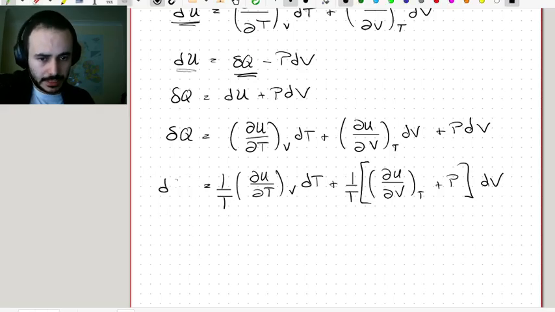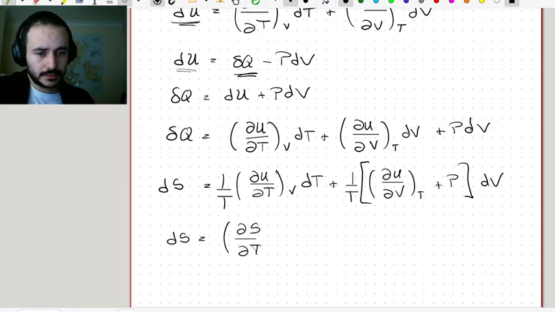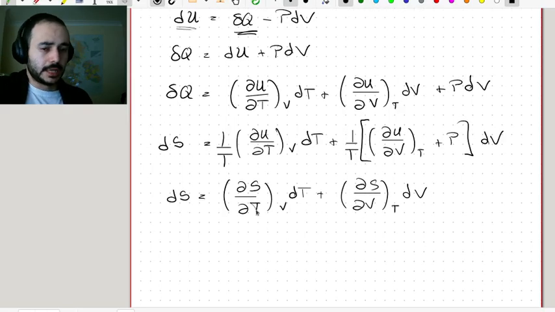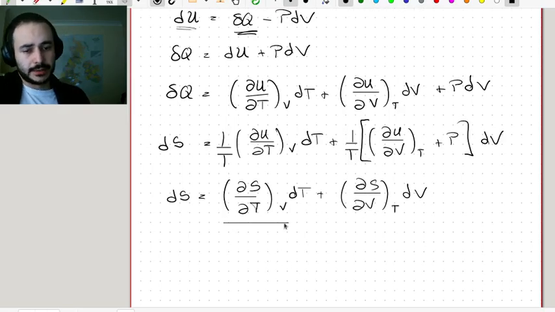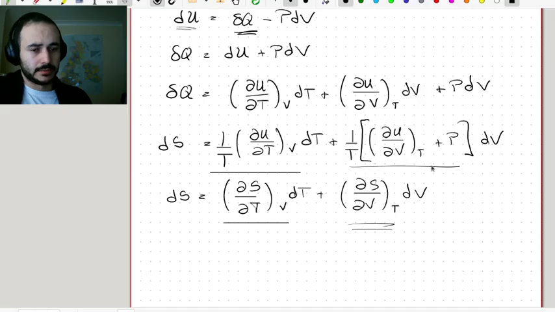This is dS, and S can also be expressed as a function of volume and temperature. So I can always write dS as the derivative of S with respect to T at constant volume, dT, plus the partial derivative of S with respect to volume at constant temperature, dV. Because of this I can identify this term with that, and this term with that.